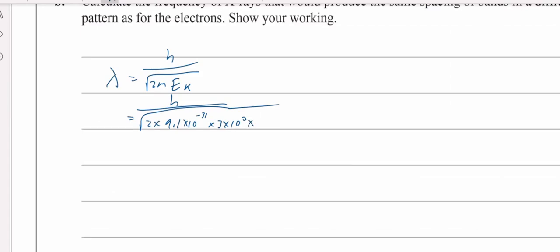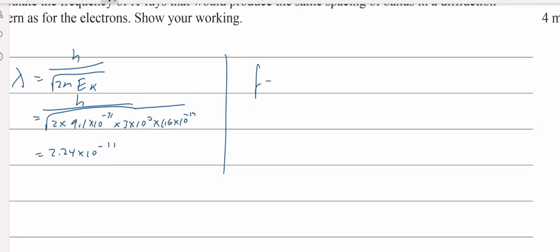We have to make that into joules, so times 1.6 times 10 to the negative 19, which is 2.24 times 10 to the power minus 11.